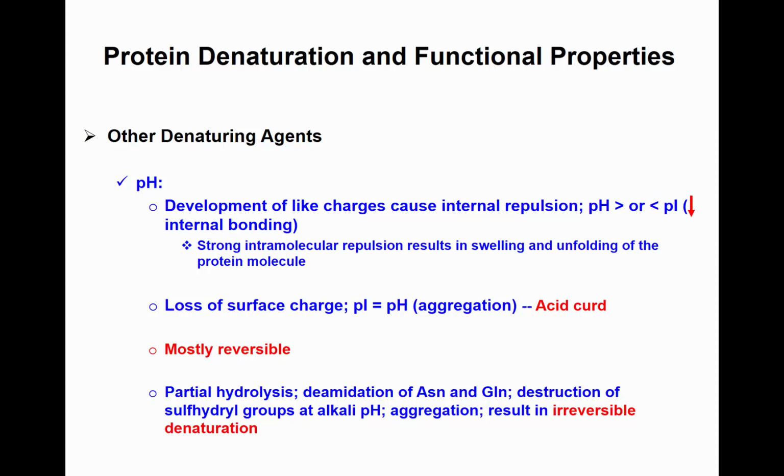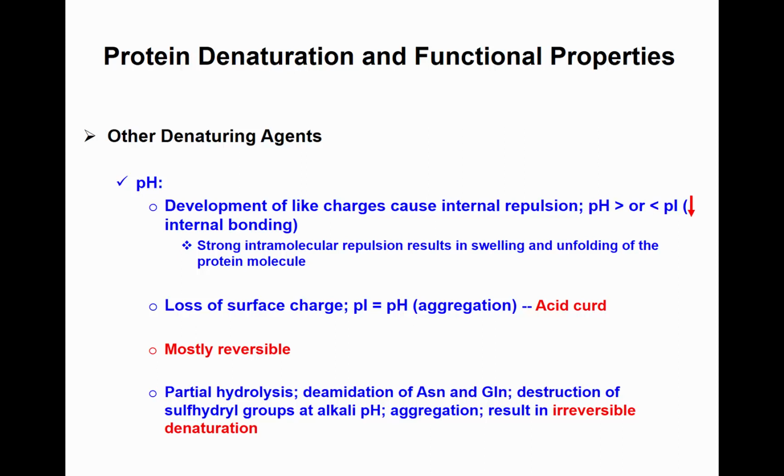And then again swelling because of water going into the structure of the protein once the protein starts to open up. Let's say loss of complete surface charge. That means at isoelectric point. So remember at the beginning of the first lecture, I gave you the example of milk and yogurt. So yogurt is basically formed when the pH drops to the isoelectric point of casein.